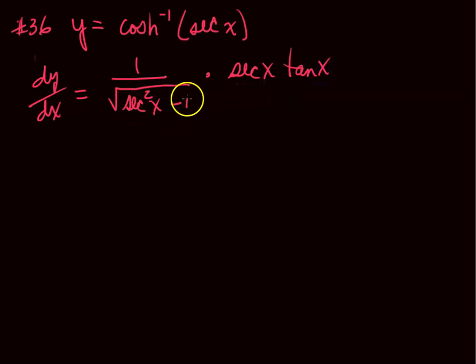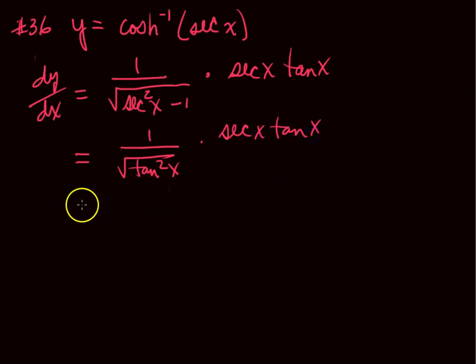Well, secant squared x minus 1, remember your trig identities, that's the square root of tangent squared x times secant x tangent x. Well, hold it. This is just 1 over the absolute value of the tangent times secant x tangent x.